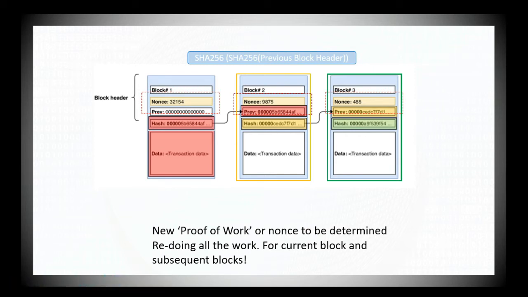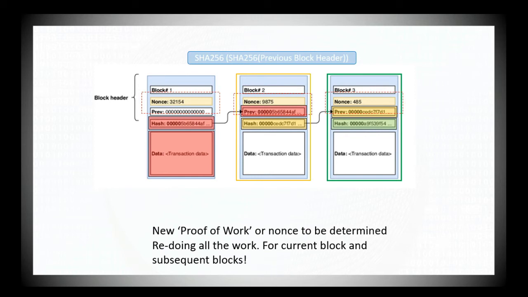And so again, guys, I know that I'm being repetitive here, but hopefully you get to see that if a fraudster were trying to tamper with the transactions in the network, they would have to redo all the work and race against the rest of the network.